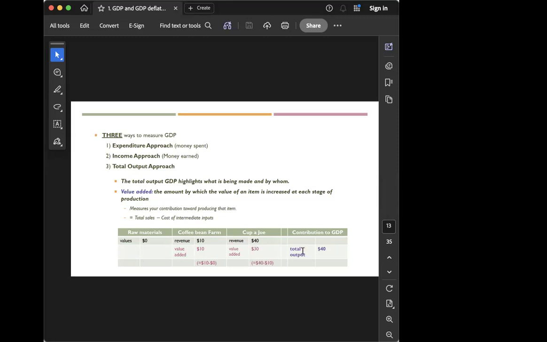So here we just add up all the value added, and we get a total output of $40. The reason we use this approach is to avoid double counting. We do not want to count the coffee beans once, and then they are sold to a coffee shop and counted again inside the final cups of coffee. So, yeah, this is another way of measuring GDP.